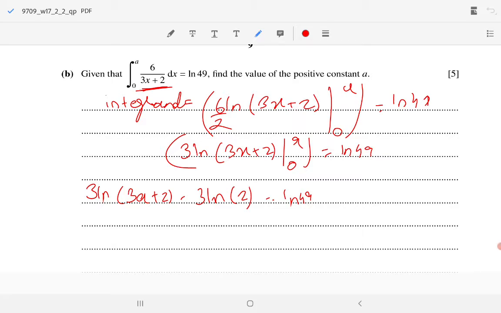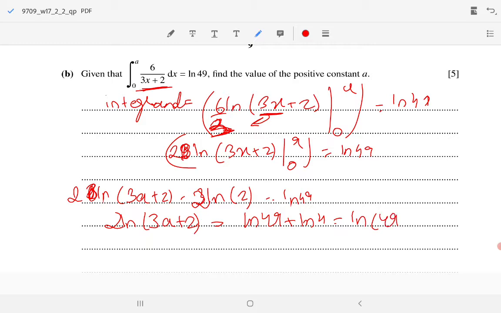Yeah, so I just realized this is going to be 3. So this over here is going to be 2, 6 divided by 3. So we have 2 ln 3a plus 2, which is equal to ln 49 plus ln 4, using properties of logarithms. 49 into 4, which is ln 196.